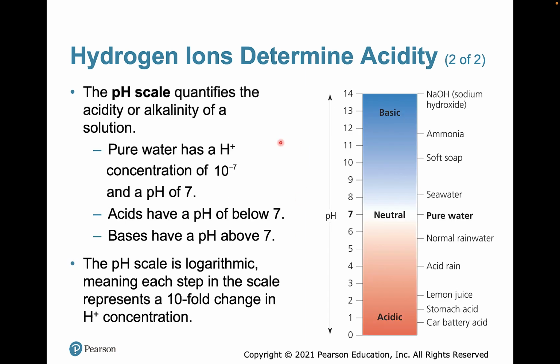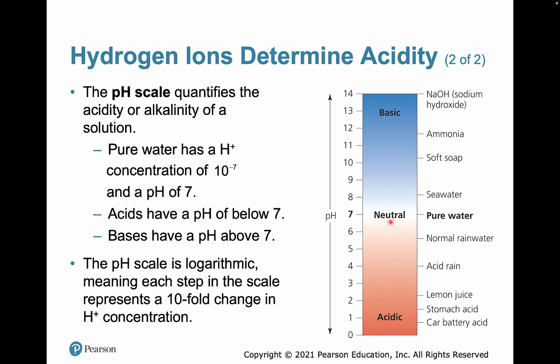So the pH scale talks about the relative amount of hydrogen and hydroxide ions that are released. Water has a pH of 7, it's neutral. If it produces more hydroxide ions than hydrogen ions, we say that it's basic. If it has a pH above 7, it's basic, right? If it produces more hydrogen ions than hydroxide ions, it is said to be acidic.